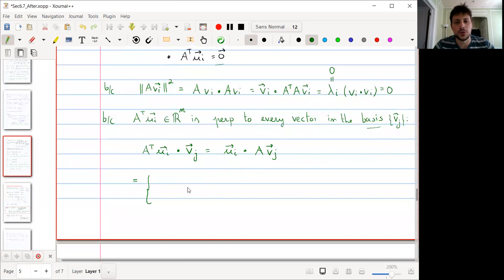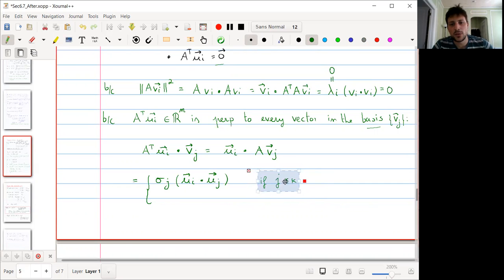So this is equal to sigma j times Ui dot Uj, if j is less than or equal to k.